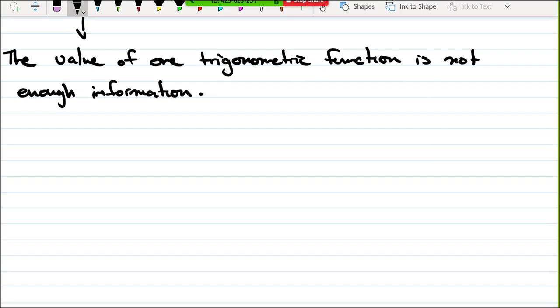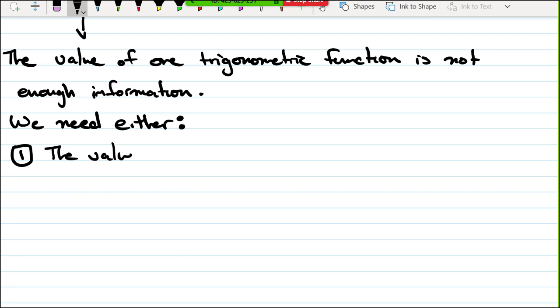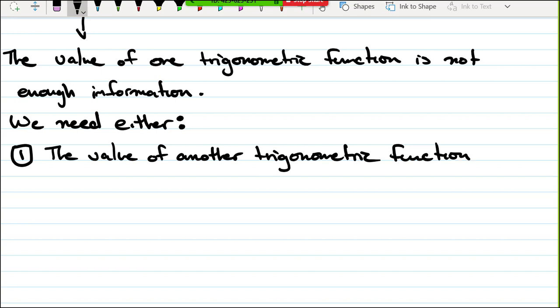So we need either one, the value of another trig function, or two, the quadrant of the angle.